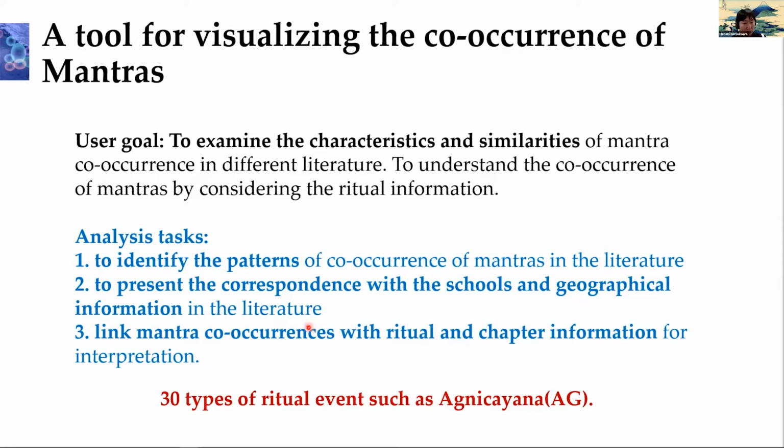The previous two had already covered the first and second analysis tasks. And the third one is linking mantra co-occurrence with ritual and chapter information for interpretation. Now we have 30 types of ritual events, such as Agnikayana.